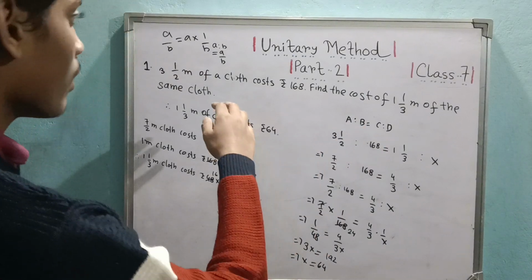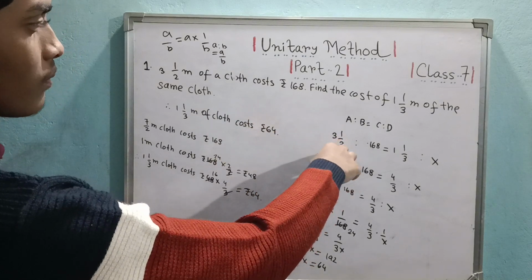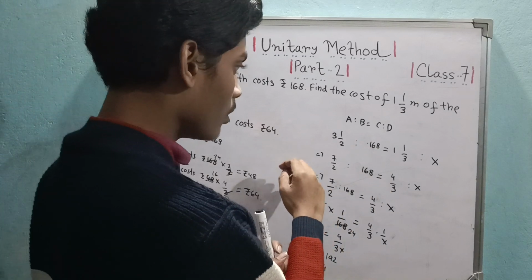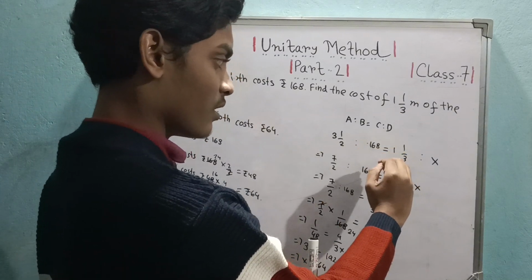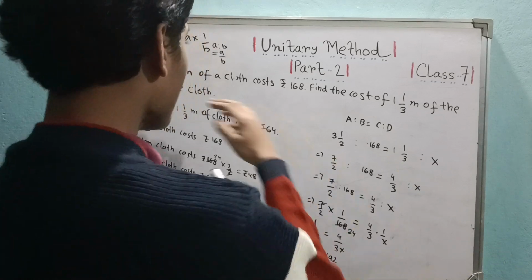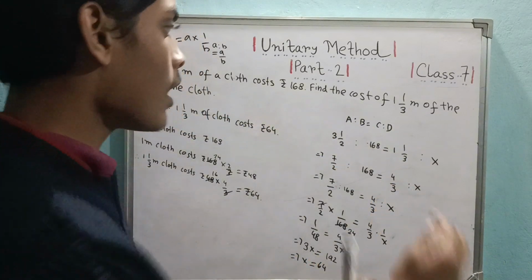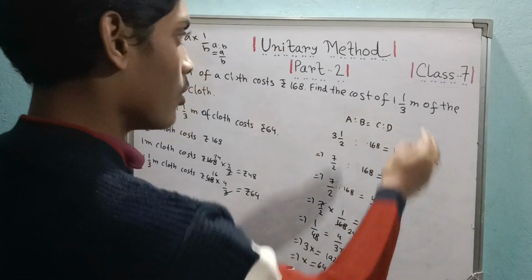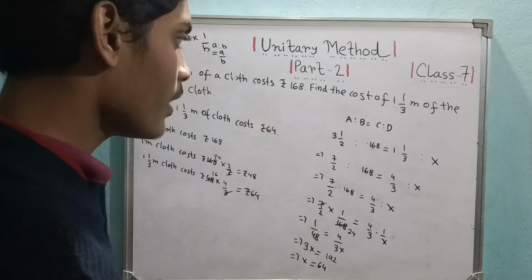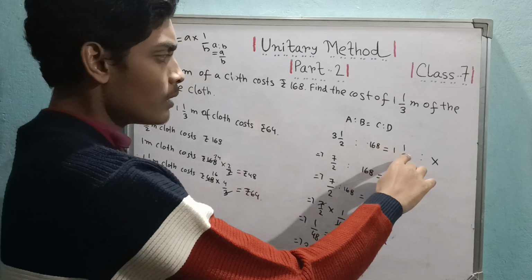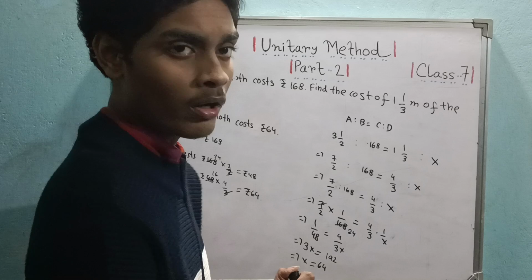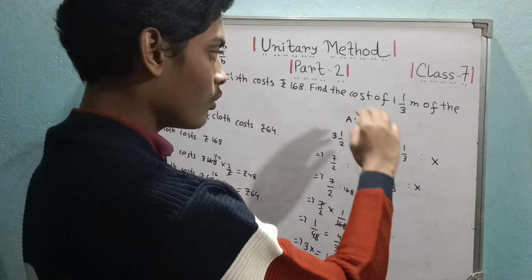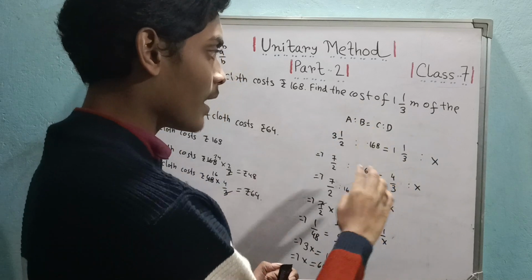Just like this, for suppose 3 1/2 meter of cloth costs 168, then 1 1/3 meter equal to what? 3 1/2 is to 168, 1 1/3 is to what? Then see, in both of the cases, on either side of the equal to, for the amount of cloth increasing, the money is increasing. So increase is to increase, the proportion method can be used.